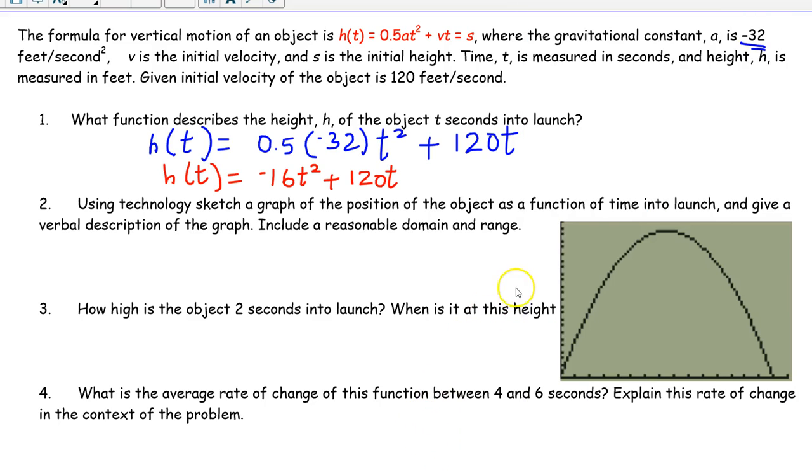Okay, so our reasonable domain will be the values starting from 0 and going all the way up to 8. So my x values I can write like this. The domain, what is the domain?